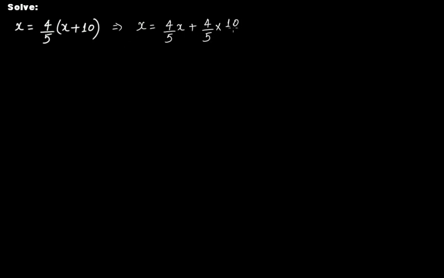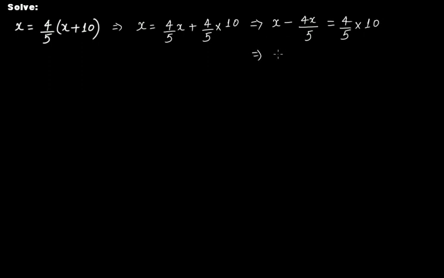Now if you solve this, transposing 4 by 5x to the left hand side, this is x minus 4x by 5, is equal to 4 by 5 times 10, right?